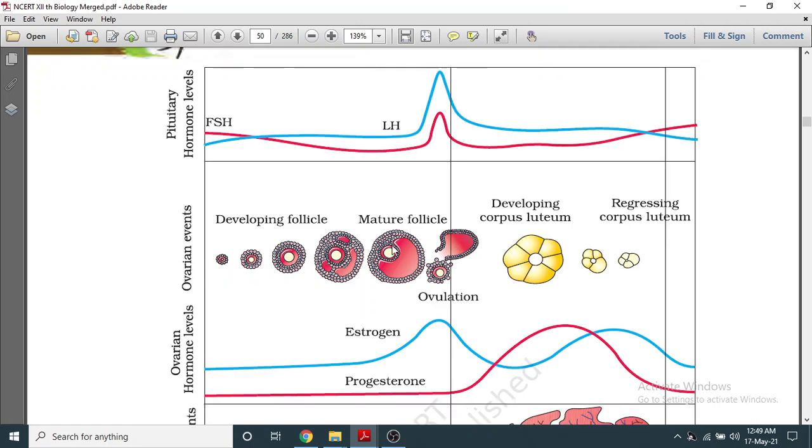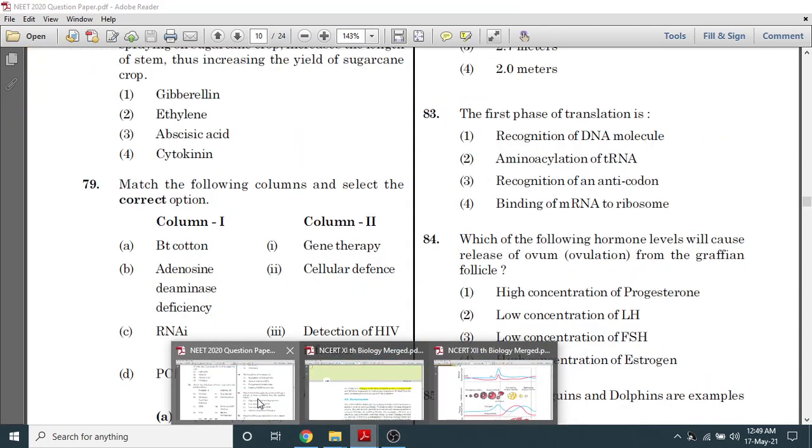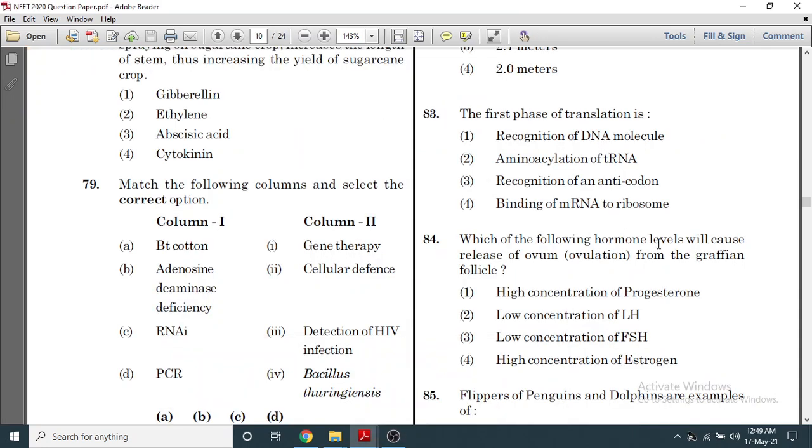In this we will find pituitary hormones and ovarian hormone levels. So this is estrogen. You can see at ovulation this level is high. So in the question they have asked which hormone level will cause it: high concentration of estrogen. Question number 84, answer number 4 is correct.